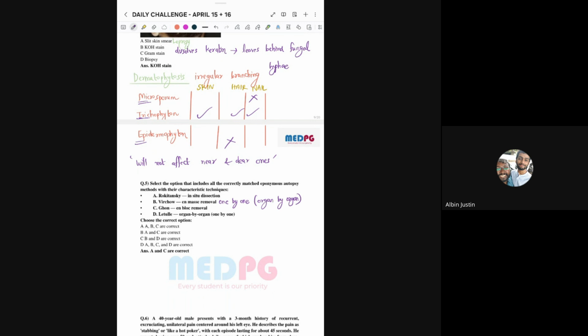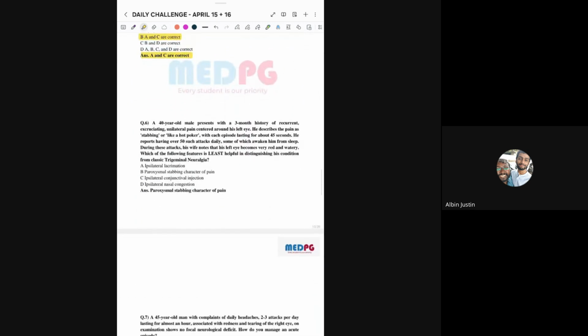Ghon is en bloc. And Letulle is en masse. Very important. Kindly go through this. Types of autopsy is very important. Question number 6.